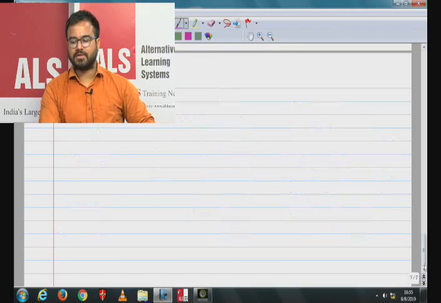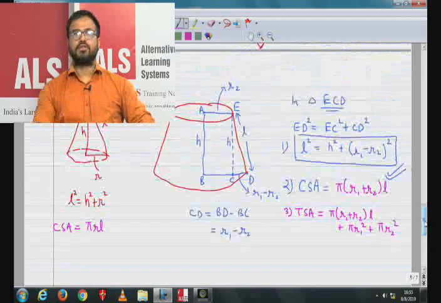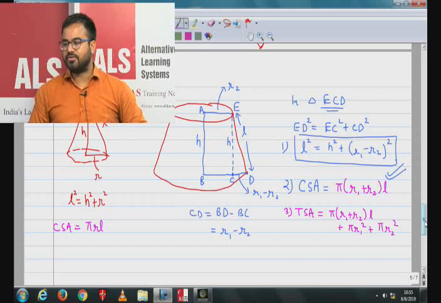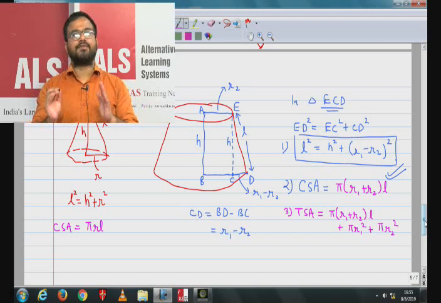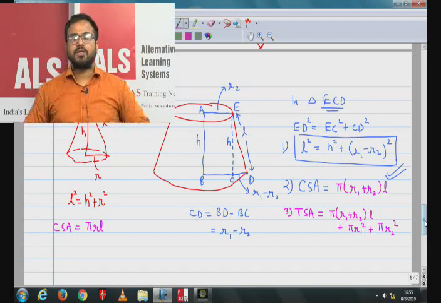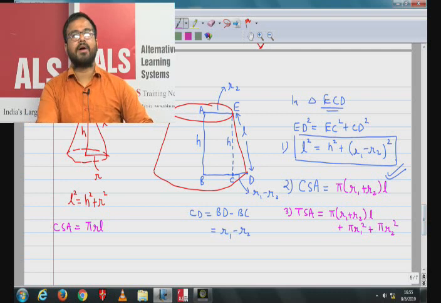So the curved surface area is only pi times R1 plus R2 into L, and the total surface area is the curved surface area plus the area of top and area of bottom. The area of the top circle is pi R1 square and pi R2 square for the bottom circle.